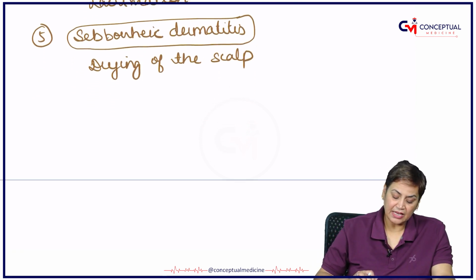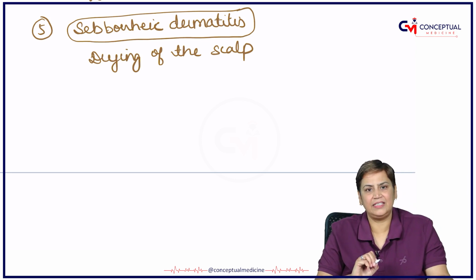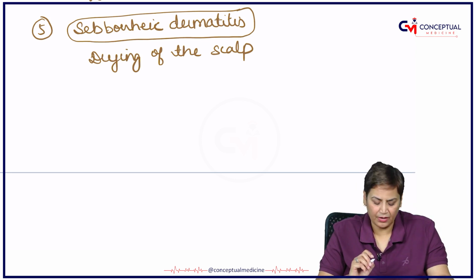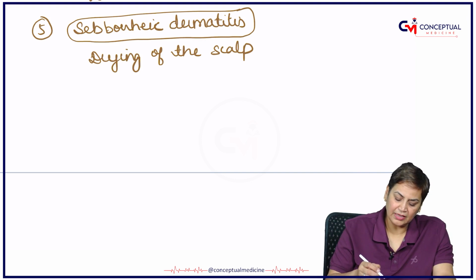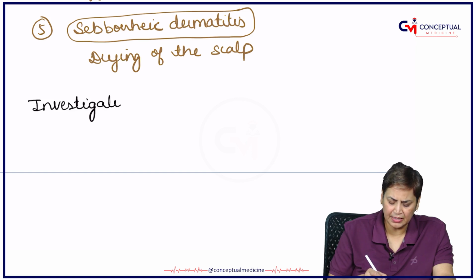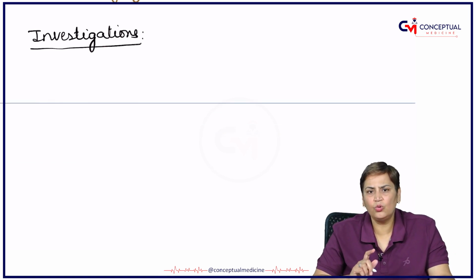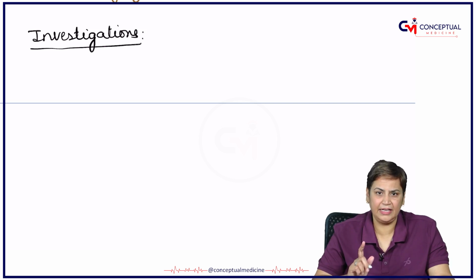Then after this, we come over to the investigation. If we talk about the investigations, the most important point which we have to remember here is assay of glutathione reductase in RBCs.